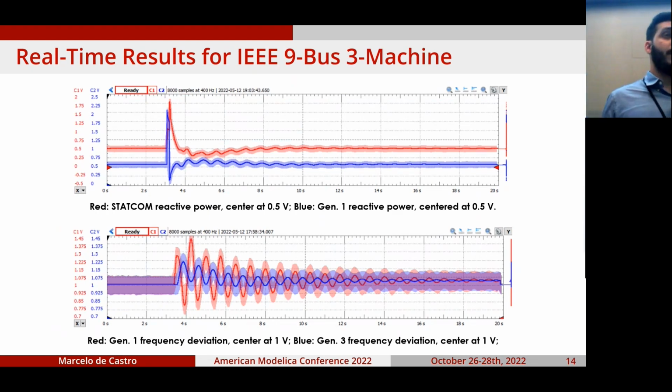And for the second system, the IEEE 9-bus 3-machine system, since we had a STATCOM connected to it, it presented a bit more overruns than the simulation that I showed you before. I'm going to discuss that a little bit later. But the top figure displays the reactive power from the STATCOM in red and the one from generator 1 in blue. And then in the bottom figure, you see the deviation from nominal frequency in generator 1 in red and 3 in blue.